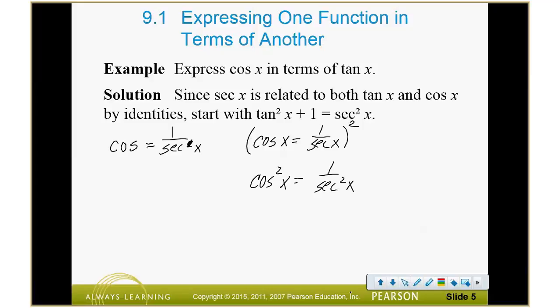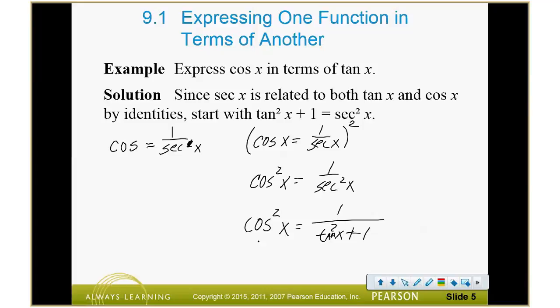Well, you could rewrite secant squared in terms of tangent, because it says right there, in terms of tangent. And secant squared is equal to this. So cosine squared of x is equal to 1 over, what is secant squared? Tangent squared plus 1.